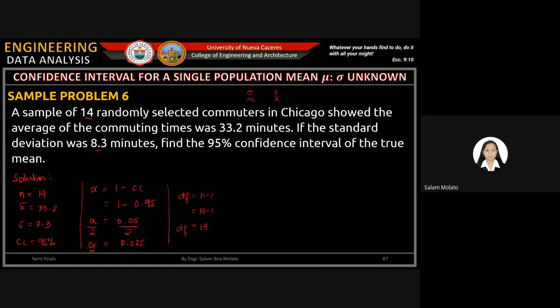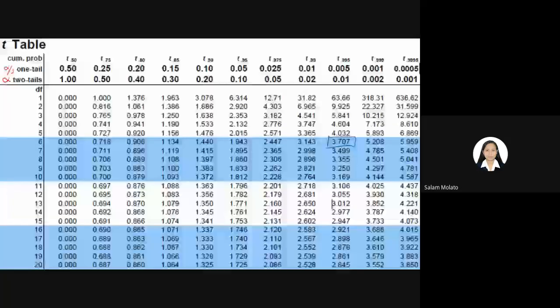So, yan yung gamitin natin. Or 95%. 13 ang DF. Okay, andito yung 13. 13, 0.025. Nasaan yon? Or that is 95%. Nandun sa kabila.